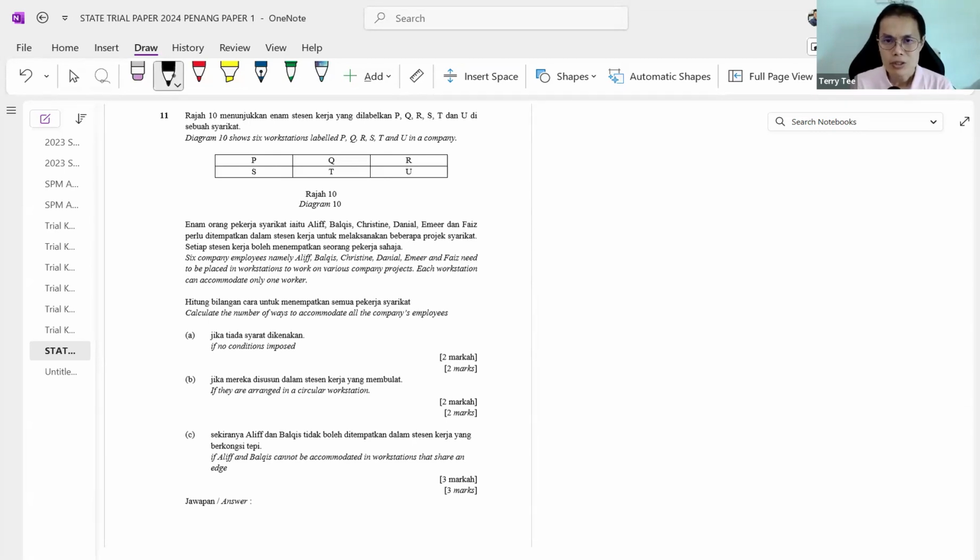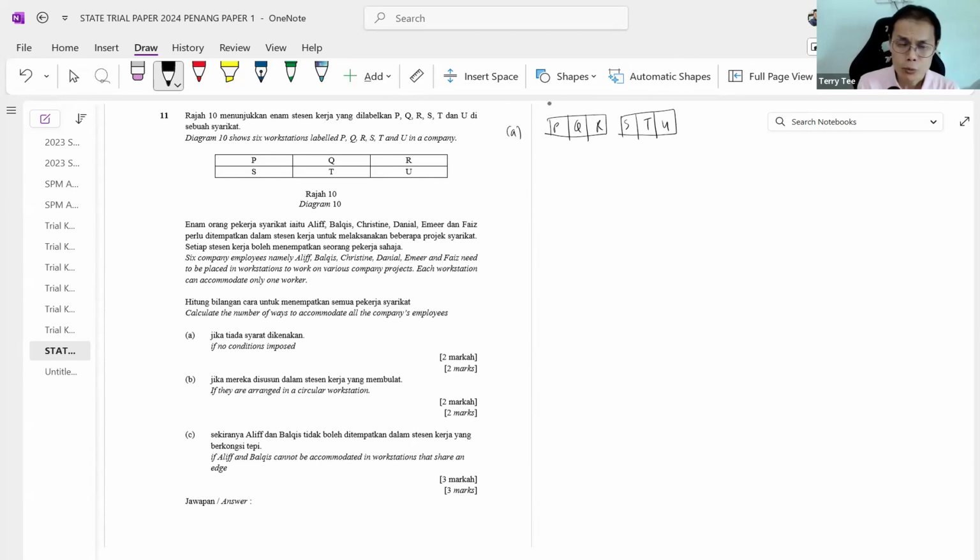So when there's no condition, you can put them anywhere. There is no difference between putting P, Q, R, and next to it S, T, U like this, versus putting them like this.